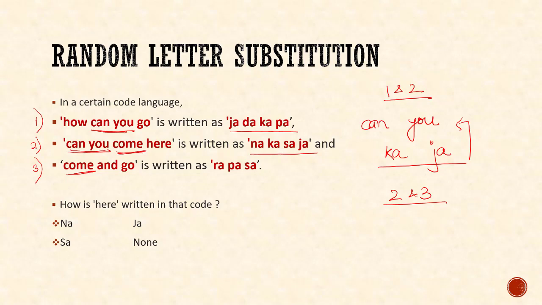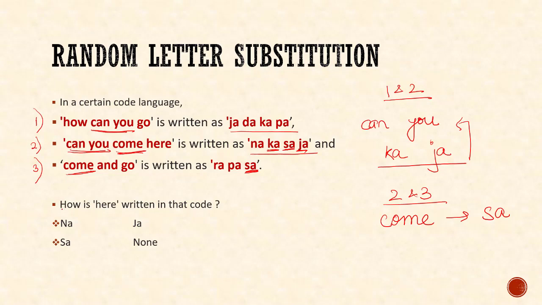So ka and ja have already been allotted to can and you. So the other common code that we can see in 2 and 3 is sa. So now we can conclude, as we have compared the common codes, that the code for the word come is sa.